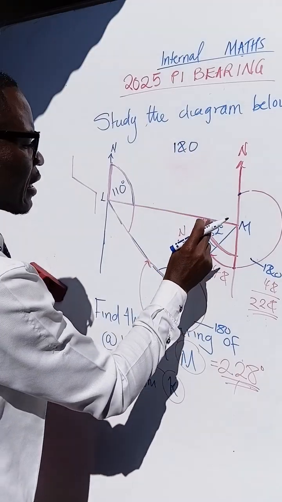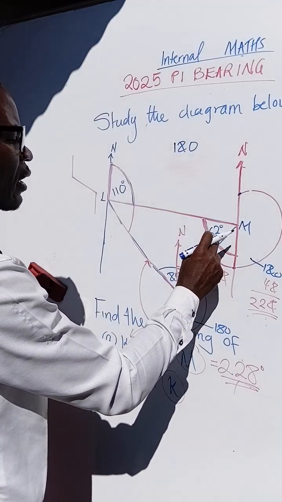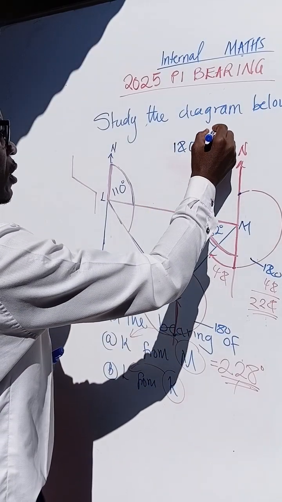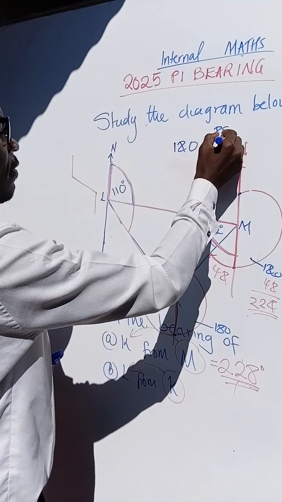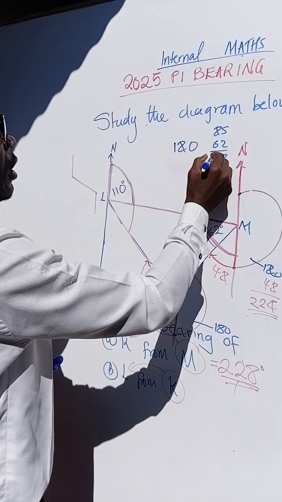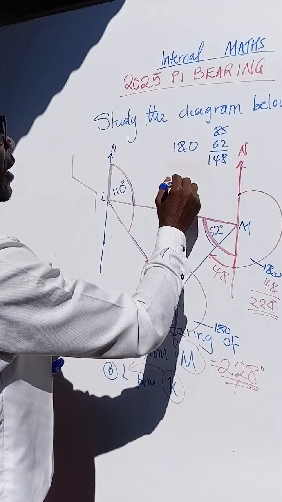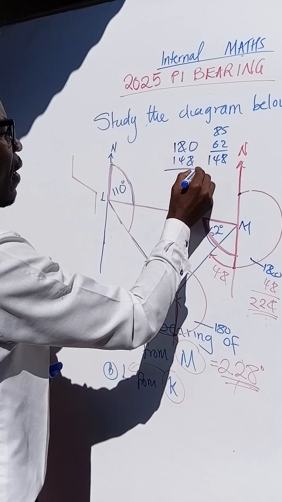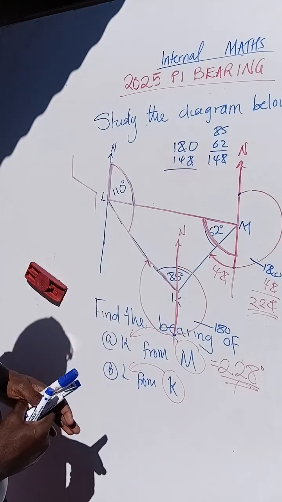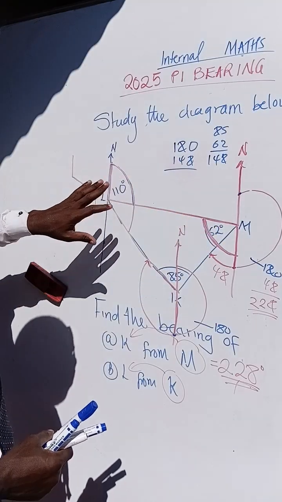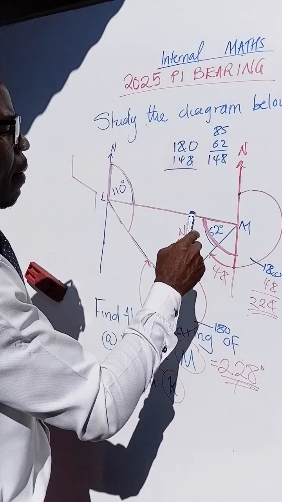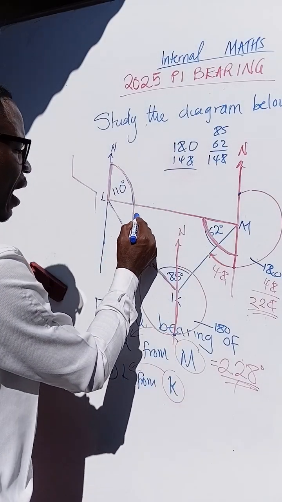So we are going to add this plus this, which is 85 plus 62, and the answer is 148. So 148 minus 180. Why minus 180? This is because the interior angles of the triangle sum up to 180. So we have added this plus this minus 180 for us to find this part.